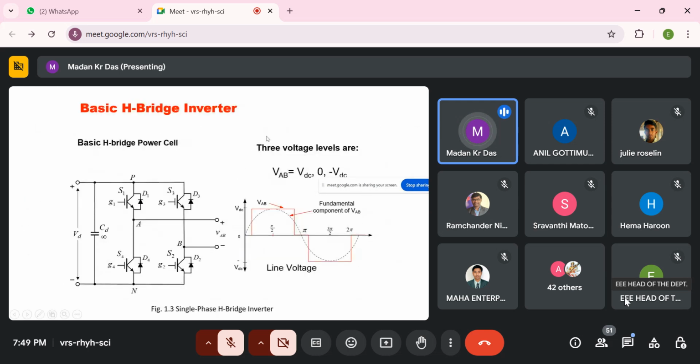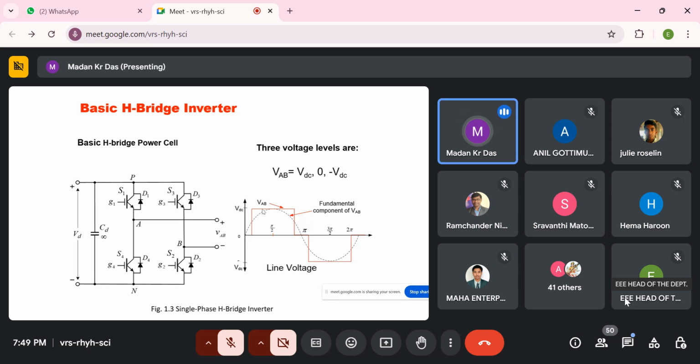Now we know the basic H bridge inverter. What is an H bridge inverter? The H bridge inverter uses only 4 switches, shaped like an H, and the input is connected to the DC source, and its output is alternating like AC.